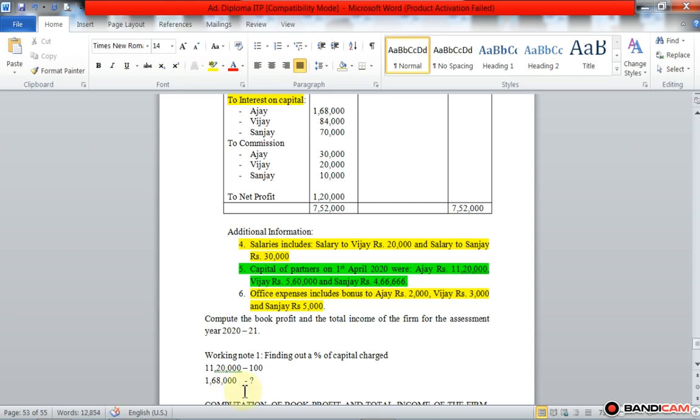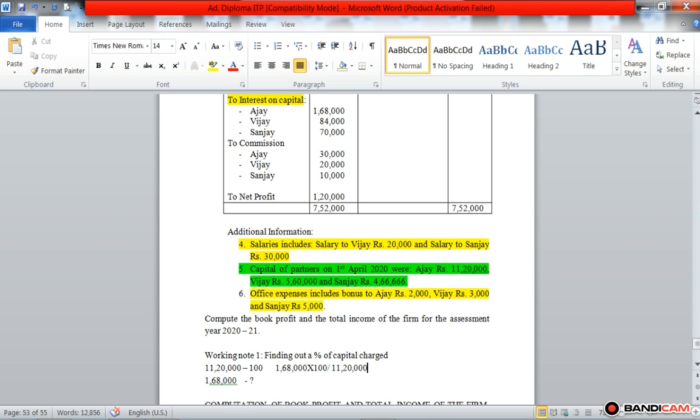So make a cross multiplication: 1,68,000 into 100 divided by 11,20,000.